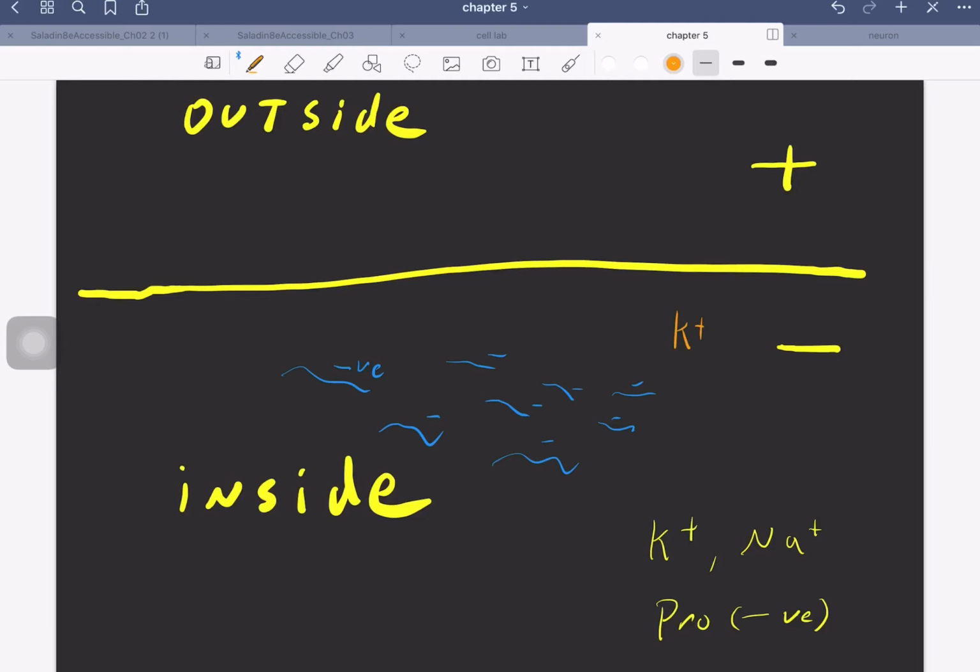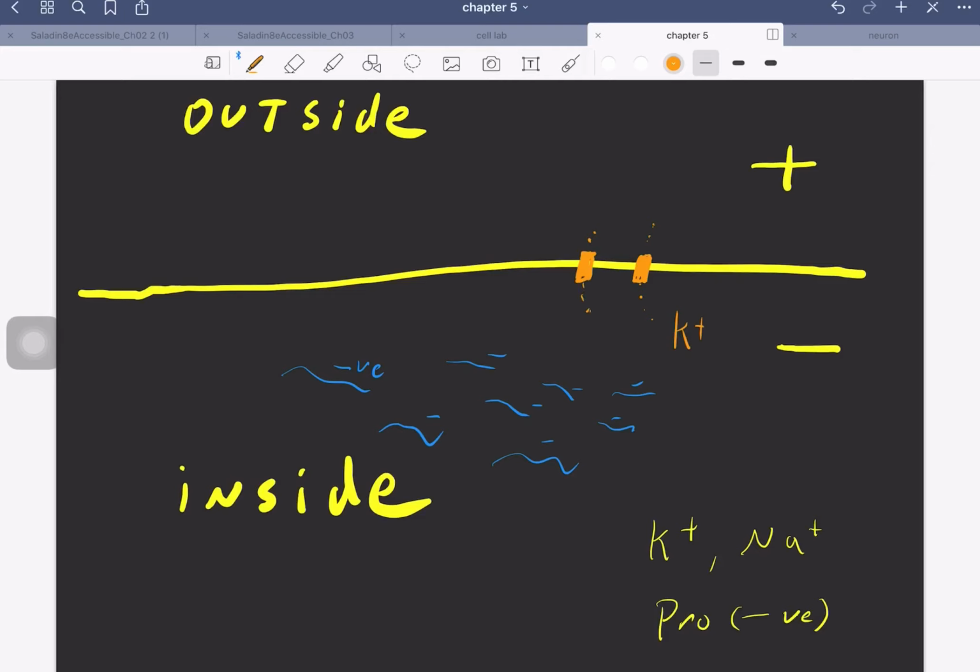Now let's just look at potassium and what potassium is doing. So potassium is inside the cell, but there are these little potassium channels, and these are open all the time. And potassium has the ability to leave the cell, and it has the ability to enter the cell.